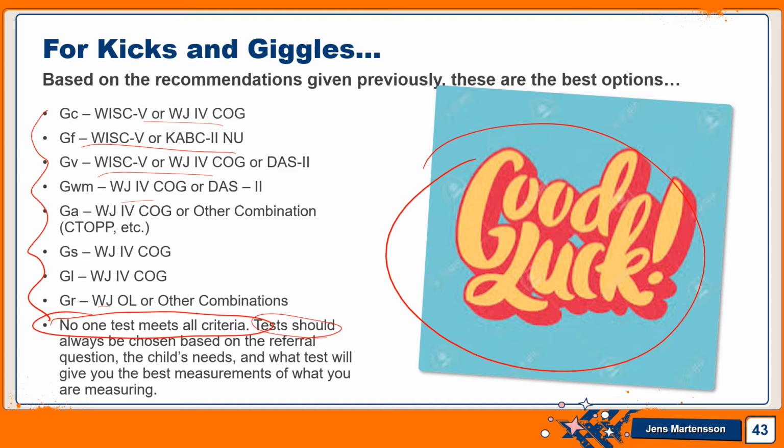So tests should always be chosen based on referral question, child's needs, and what test will give you the best measurements of what you're trying to measure, okay? So you can't just give one battery and it's going to meet all the recommendations. Maybe sooner or later they might come out with that. If I had a PhD, maybe I'd start working on that, but I don't, so it's not going to happen. But maybe someday somebody will.